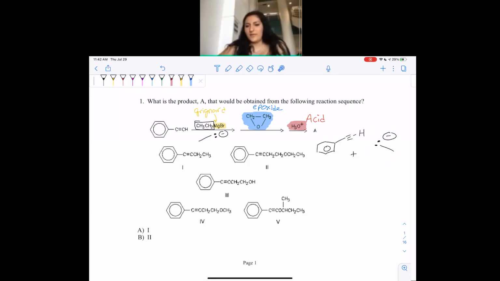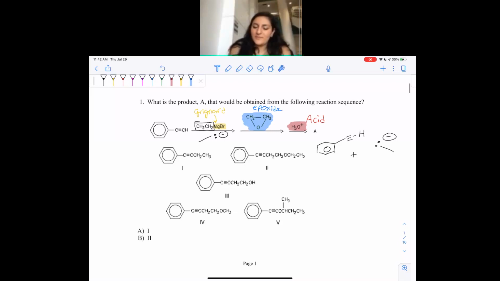Both, neither? Both, exactly. So how can we tell, is this one going to be a nucleophile or a base right now? It is going to be a base, exactly, and we know that because of this acidic hydrogen.